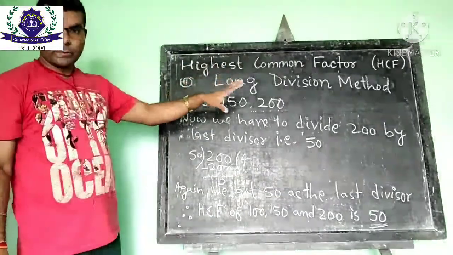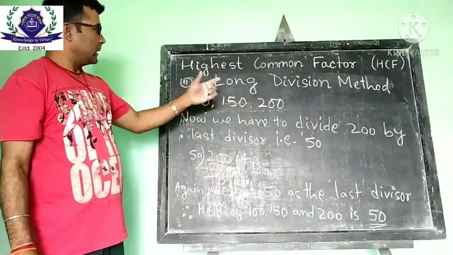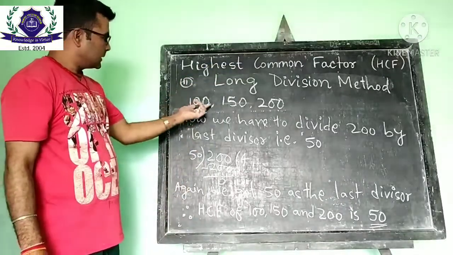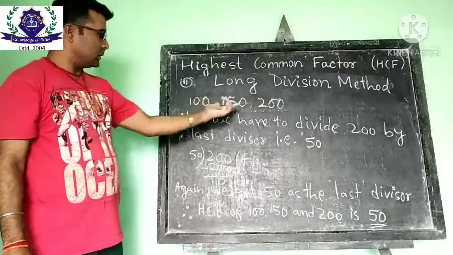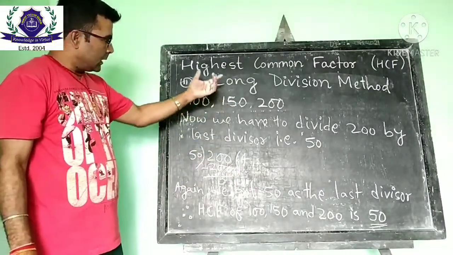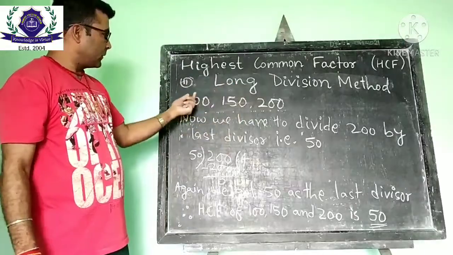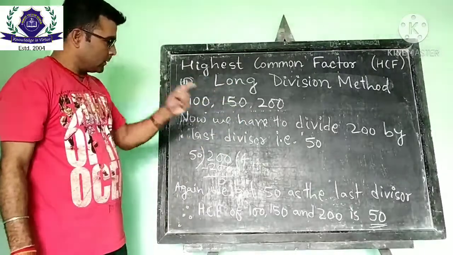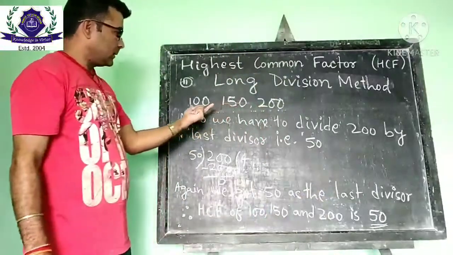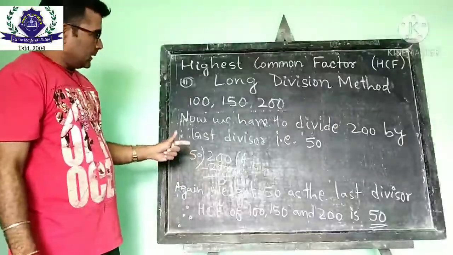So these are the four methods to find HCF, highest common factor. I have taken the same numbers for all the processes, so that you can understand that even after using four processes to find the HCF of all these numbers, we got the same HCF, because the same question was there, only the processes were different.